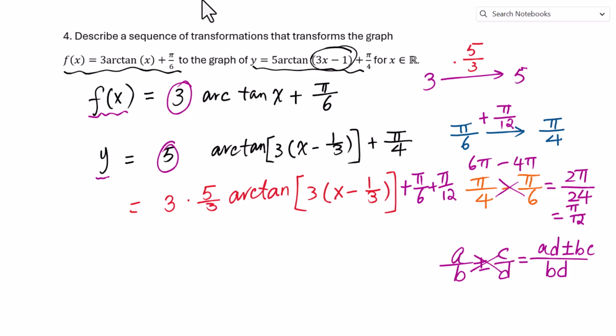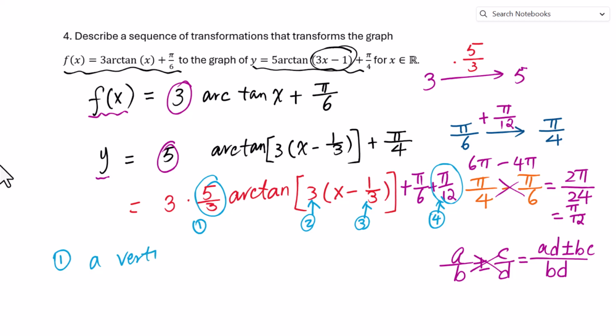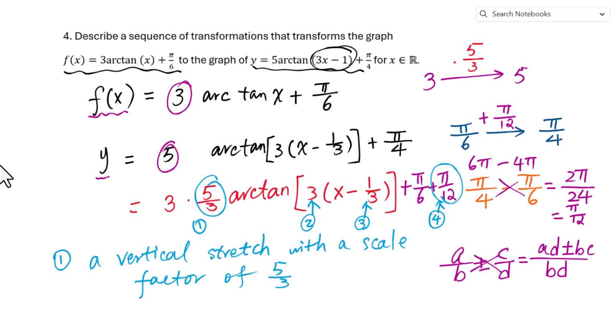Then we can do the transformations. The 5 over 3 is the first step. This 3 is the second step. This minus 1 over 3 is the third step. And pi over 12 is the fourth step. The first step, a vertical stretch with a scale factor of 5 over 3.